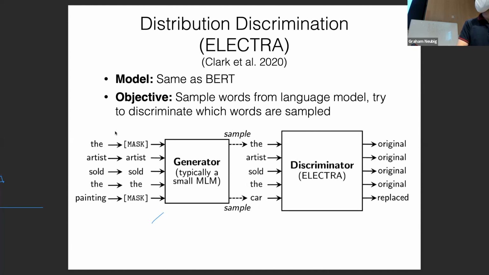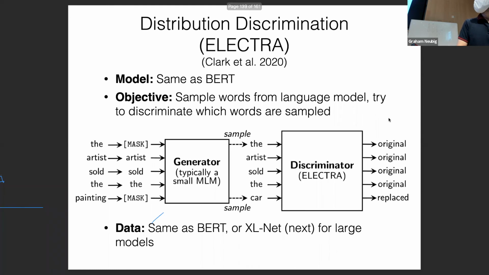If we have the original text being "the artist sold the painting," and a sample that says "the artist sold the car," this model would be trying to predict whether the text is original or not. They use the same data as BERT or XLNet, which I'll explain next.